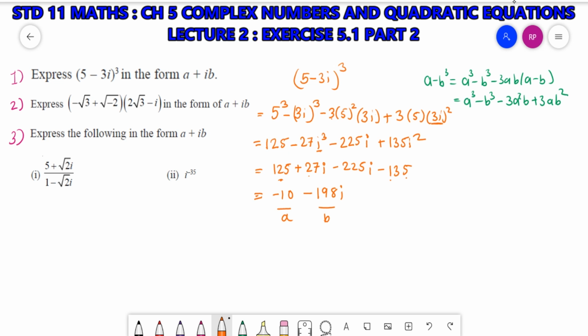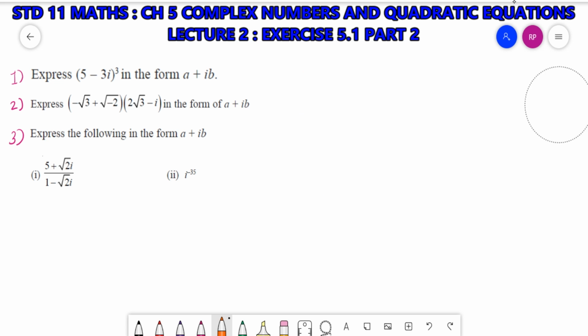Now let's see the next one. Second one is express (minus 3 plus square root of minus 2)(2 root 3 minus i) in the form of a plus ib. Okay, let's multiply this. First minus root 3.